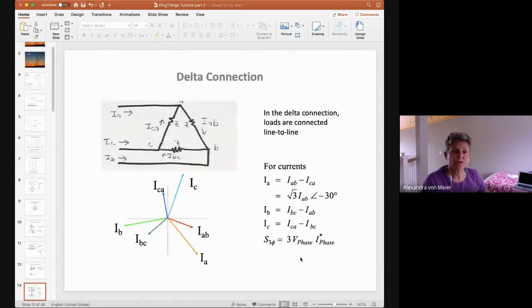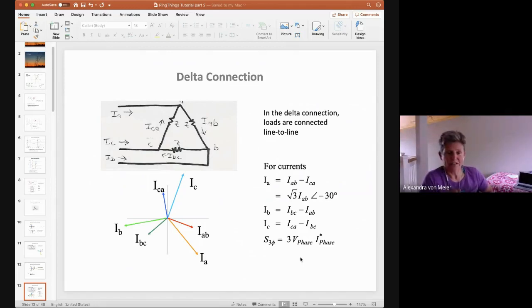The same is true for currents. Now, the currents in a delta configuration are going to be counterintuitively smaller than the currents in a Y configuration. The reason that has to be true is because energy is conserved and voltage times current is the same thing. So if you go to a delta connection, you're getting a bigger voltage, you would correspondingly get a smaller current.